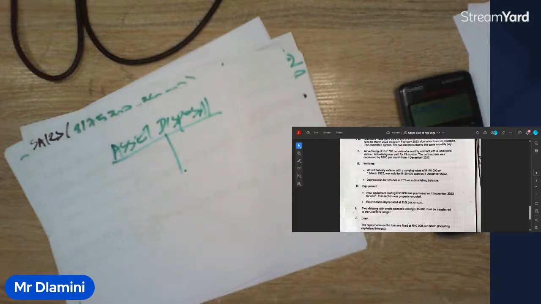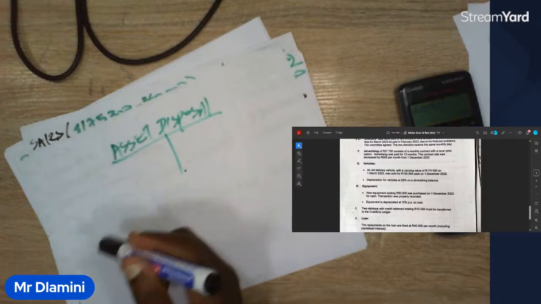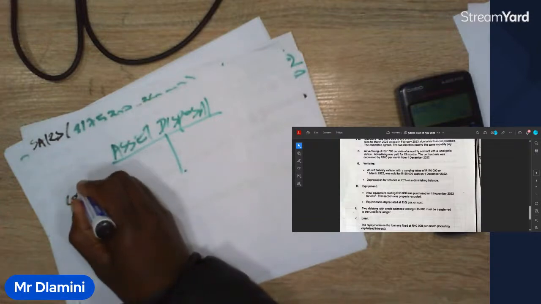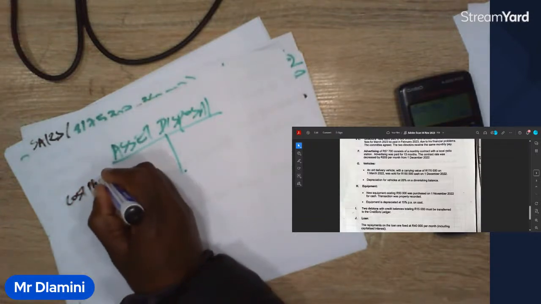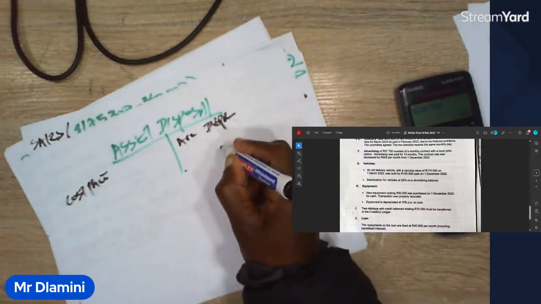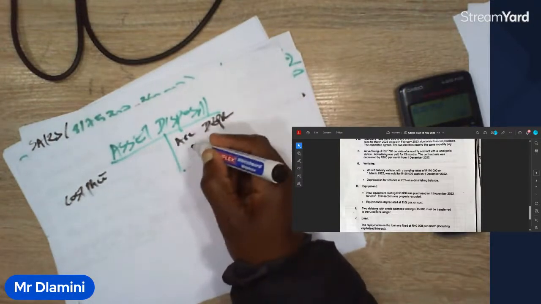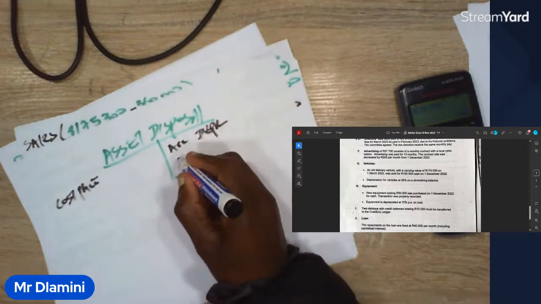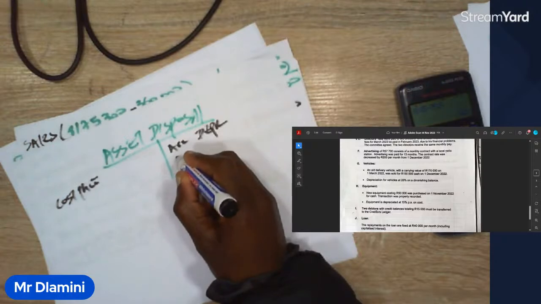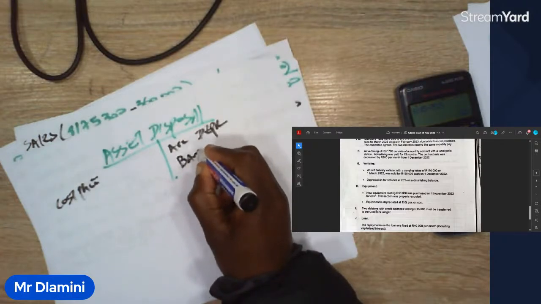Then we have the cost price. Here you must record the cost price of the asset that you are dealing with. Accumulated depreciation here, and then here, what is it? Either you are selling on cash or credit or on account. If it is cash, therefore it's bank.